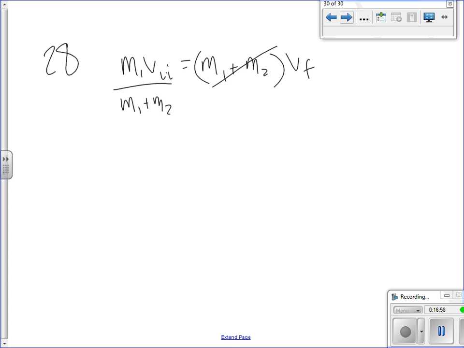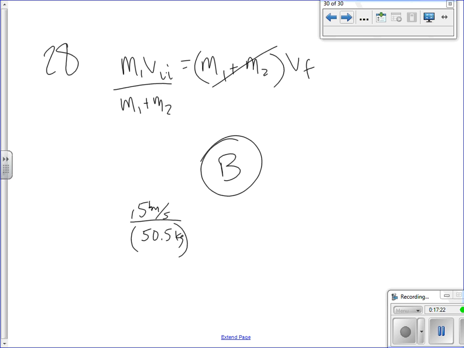Yeah, B. Wait, 28. A. No way. The key says A, but right? I mean, give me a break. This is m1, v1 initial is 15 kilogram meters per second, over 50 and a half kilograms. Well, as far as I can tell, that's B. Good? Good.